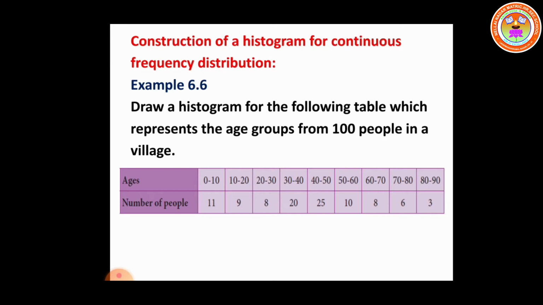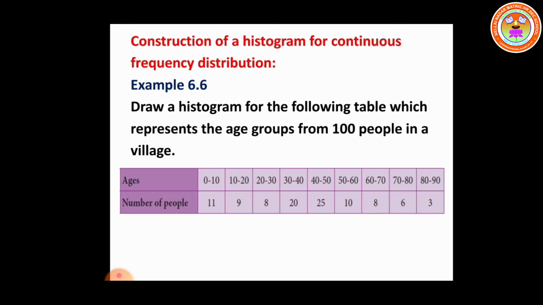Next one, let us see one example for construction of a histogram for a continuous frequency distribution. See the question. Draw a histogram for the following table which represents the age groups of 100 people in a village. Ages are given in class intervals 0 to 10, 10 to 20, 20 to 30, 30 to 40, 40 to 50, 50 to 60, 60 to 70, 70 to 80 and 80 to 90. By seeing itself we can say it is continuous.